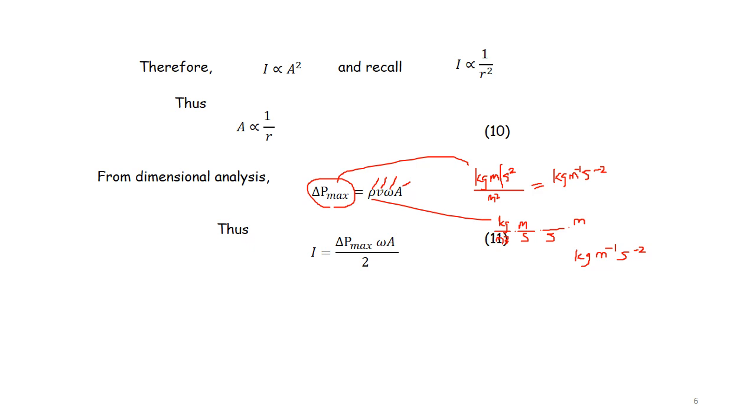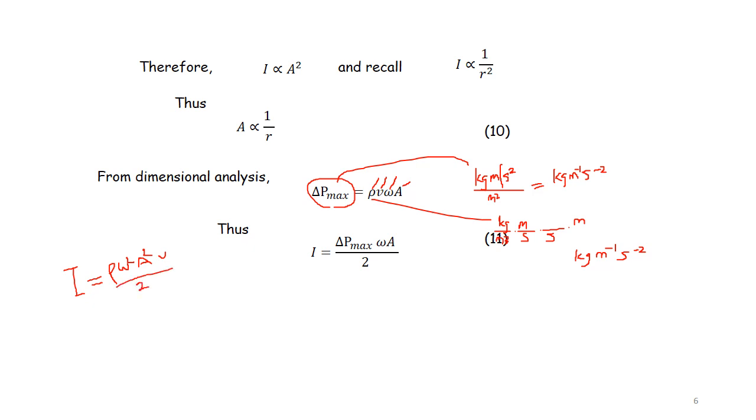So thus, we go back to our previous expression. We have I equals rho omega squared A squared v over 2.